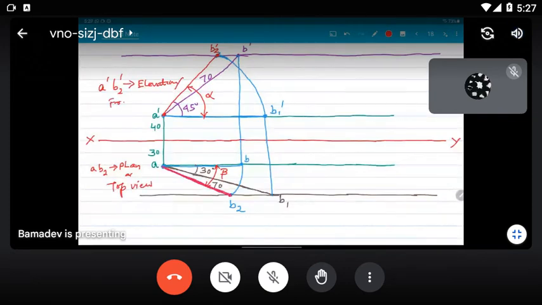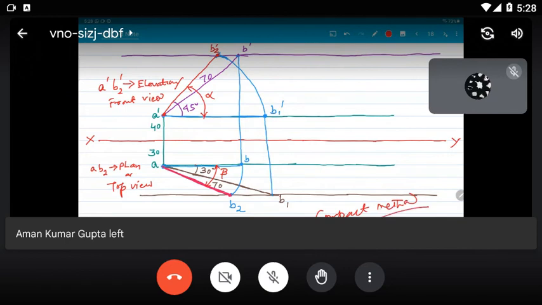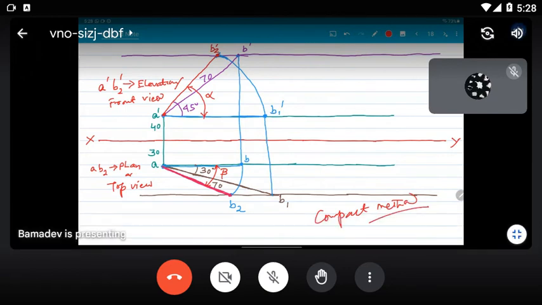This is front view. Right? So this is a compact method. But the philosophy is the same.